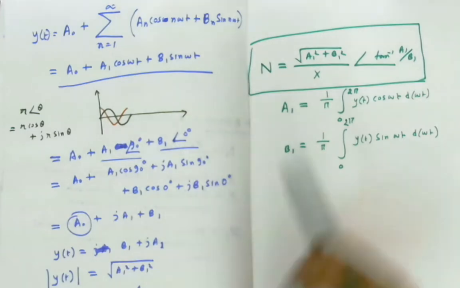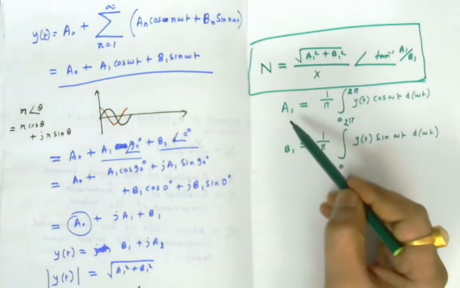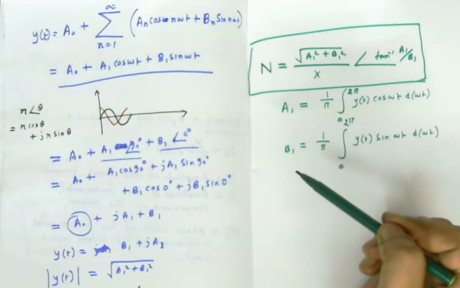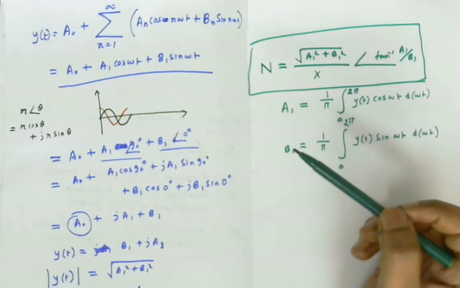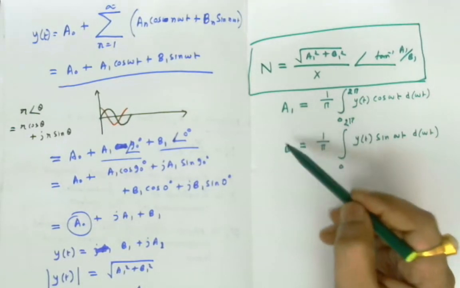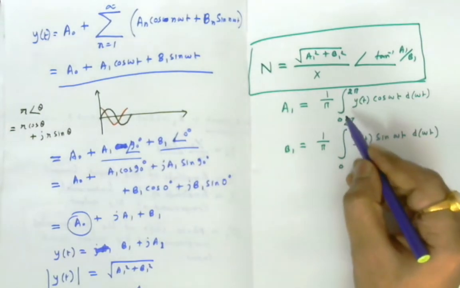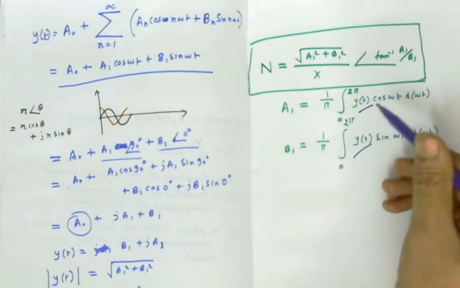So the derivation of the describing function depends completely on deriving a1 and b1, and that depends on y(t).